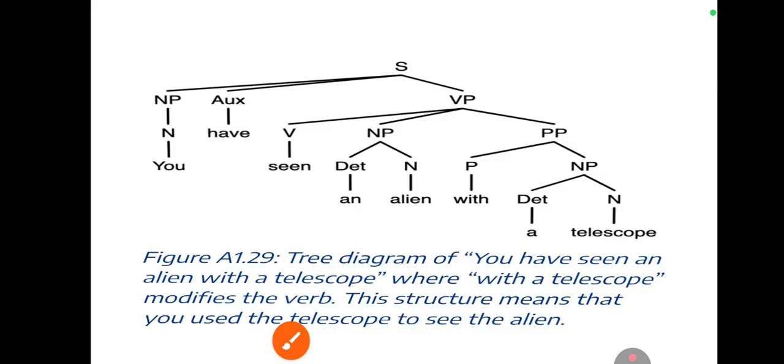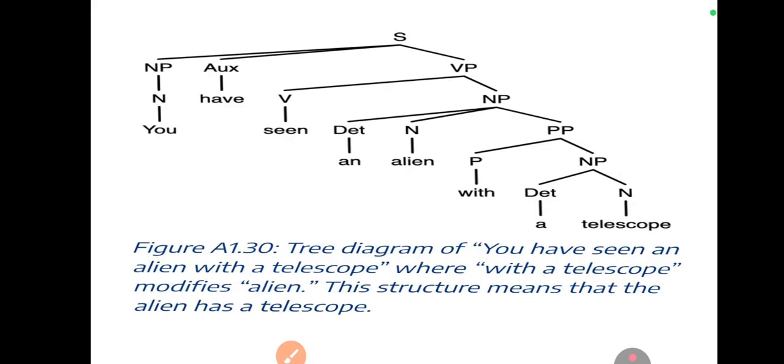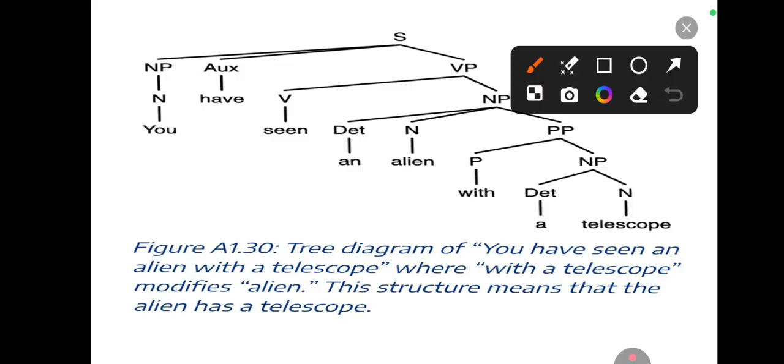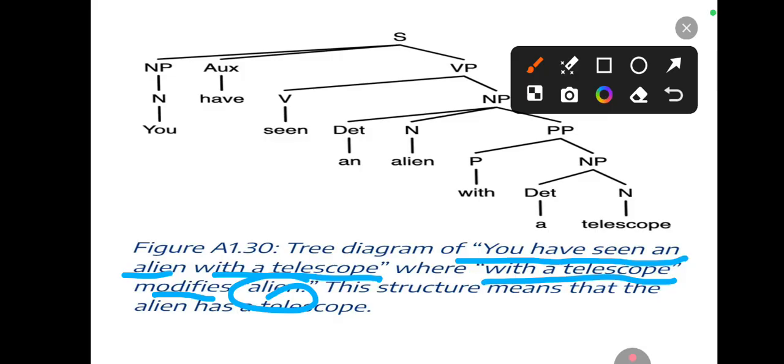You have to practice again and again, then only you will be able to do it. Now the next sentence: here it is the same sentence, but it changes some meaning. Why? You have seen an alien with a telescope, where "with a telescope" modifies the alien, not "seen", not the verb.